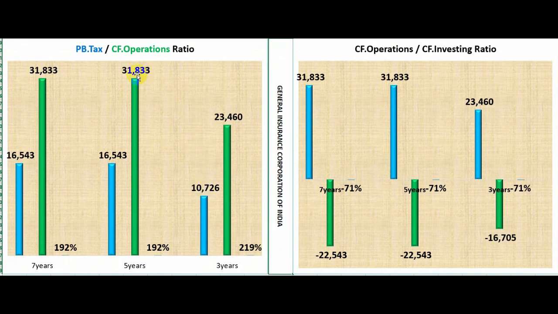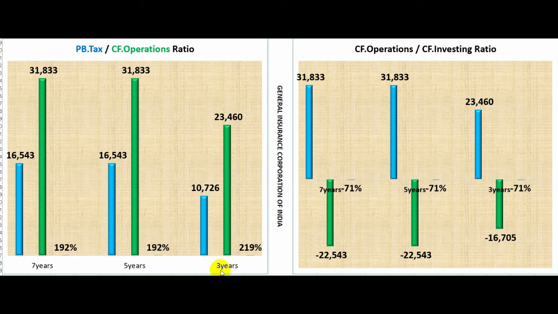This is an important ratio to compare the profit before tax with the cash flow from operations. This ratio helps us understand whatever profit the company has declared, how much of that profit is actually getting converted into cash. So we want most of the PBT, or profit before tax, to be converted to cash flow from operations.